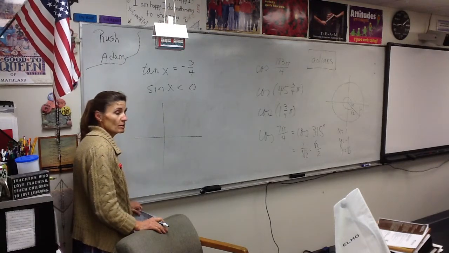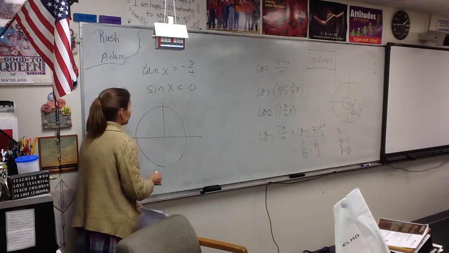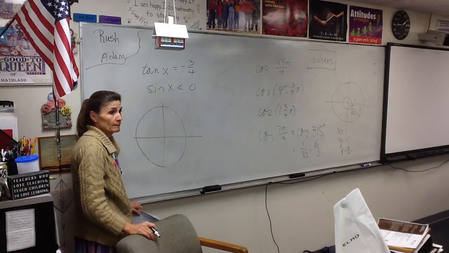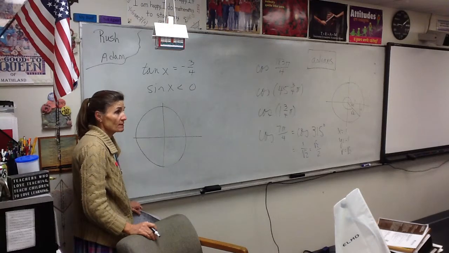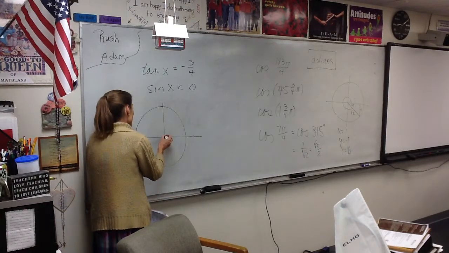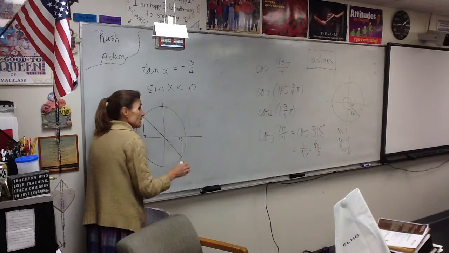Got to figure out where to draw this triangle. Tangent's negative. What does that narrow it down to? Gives me a couple of options: 2 and 4. So I'm either going to look in quadrant 2 or I'm going to look in quadrant 4.